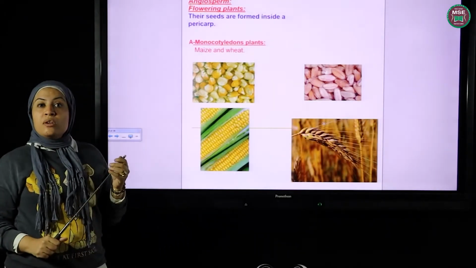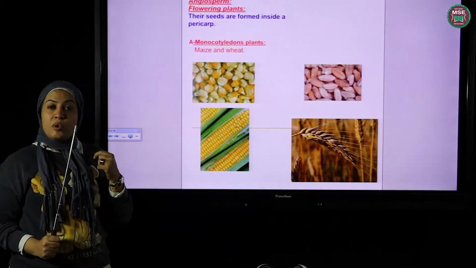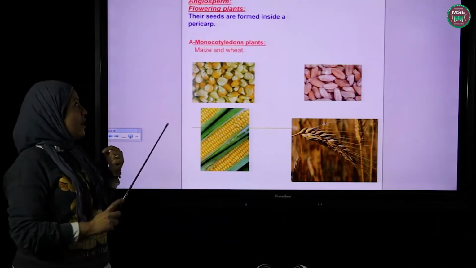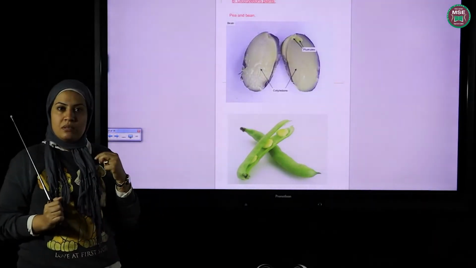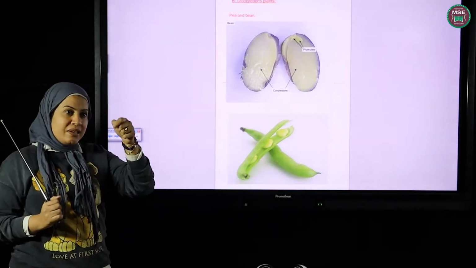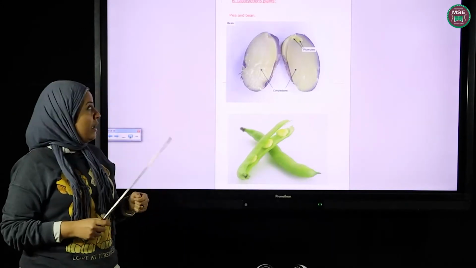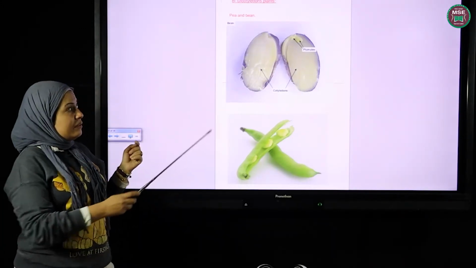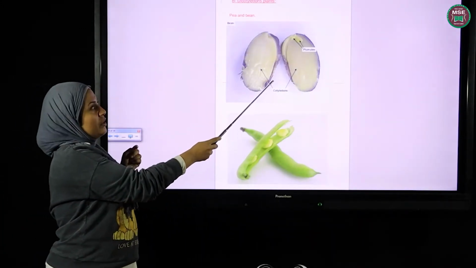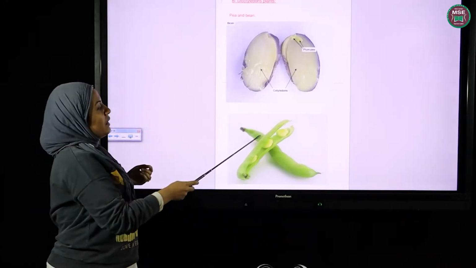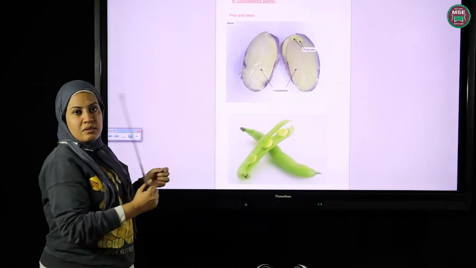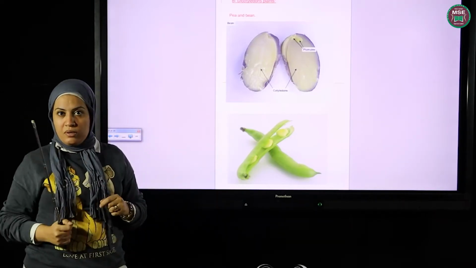They consist of only one seed, so they are called monocotyledon. And dicotyledon forms two seeds, or the seeds can be divided into two parts, okay? Like bean, you look at the seed and you find that it's divided into two parts. And the pear plant, whose seeds consist of two parts, okay?